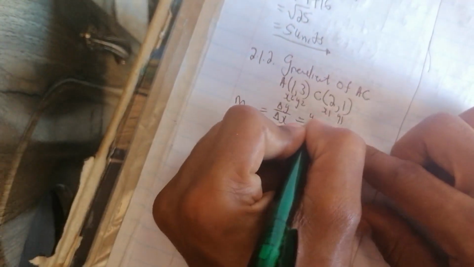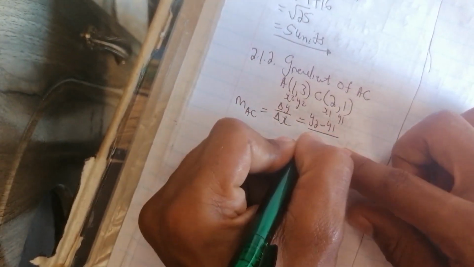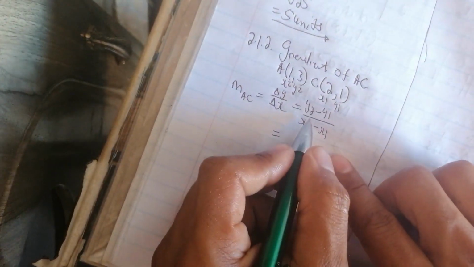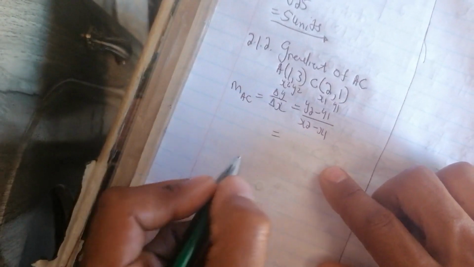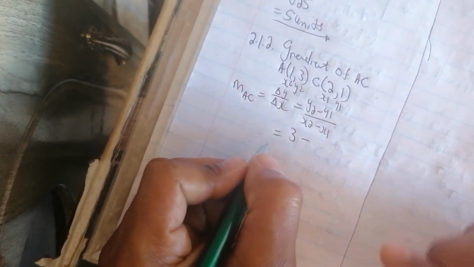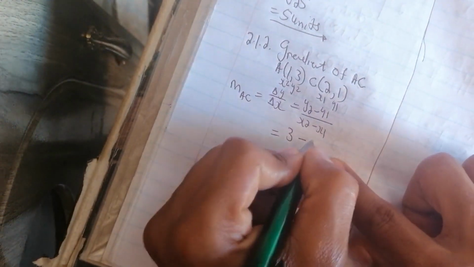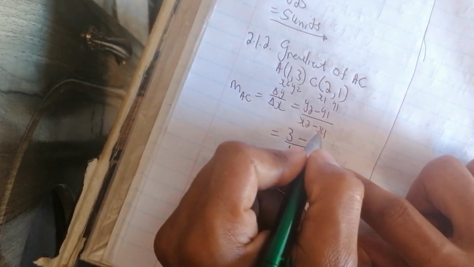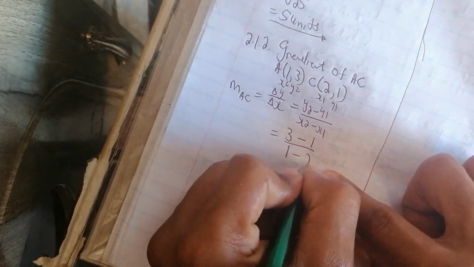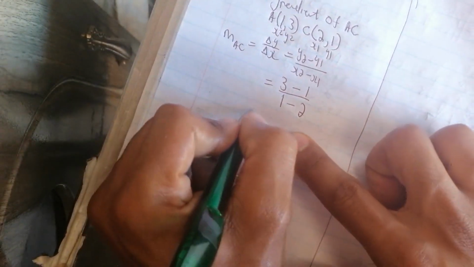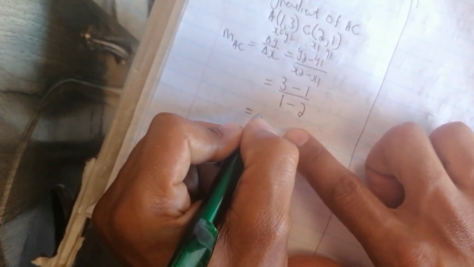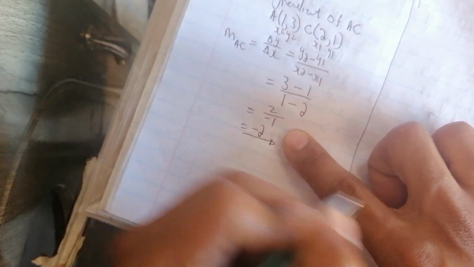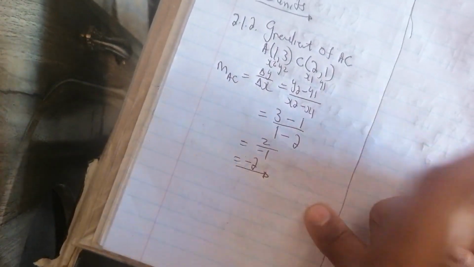Remember, the change is final minus initial. My y2 will be 3 minus my y1, which is 1, over my x2, which is 1, minus my x1, which is 2. From here, 3 minus 1 is 2, over minus 1, which is minus 2. That would be the gradient.